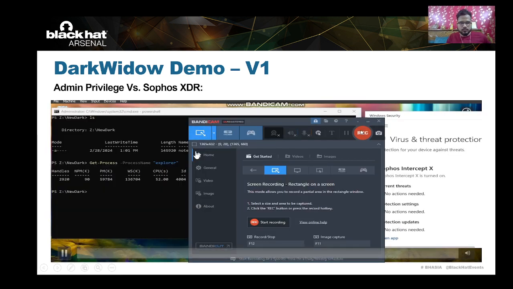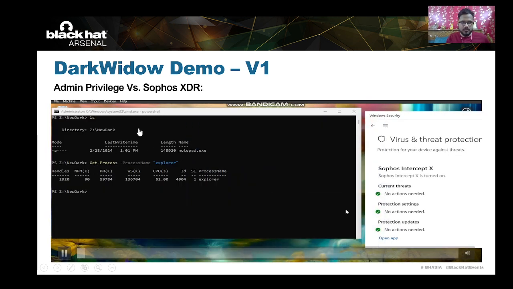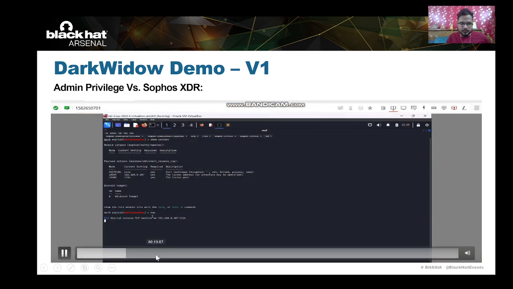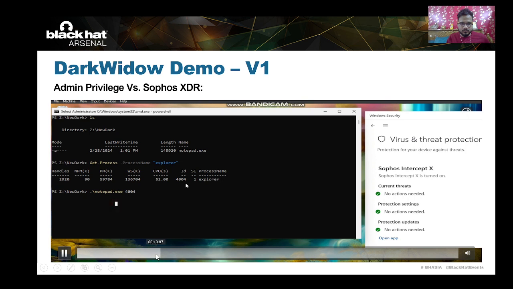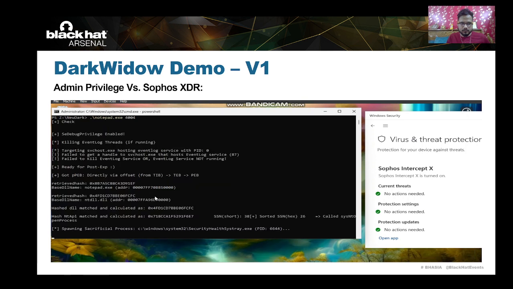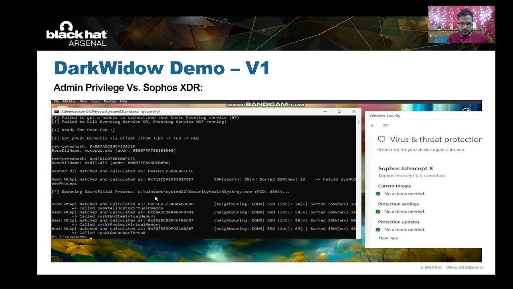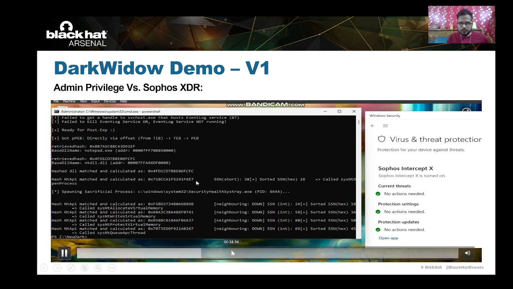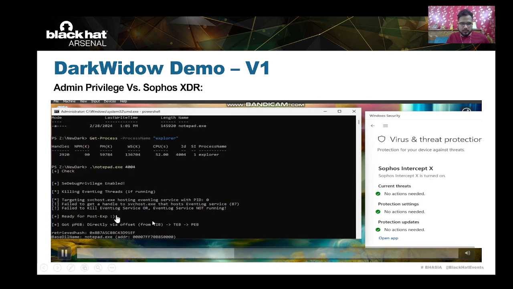So now let me show you how it performed against Sophos, but under admin privilege. You can see here, it is trying to kill.